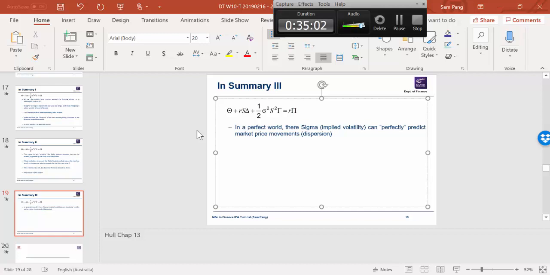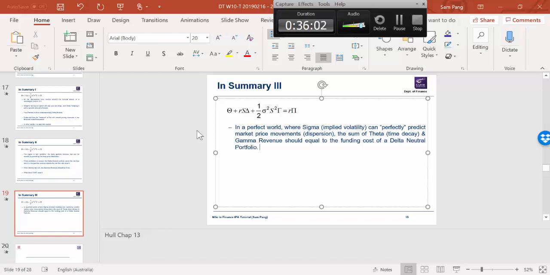In a perfect world where sigma can perfectly predict market price movements or market price dispersions, then the sum of theta, i.e. time decay, and gamma revenue should equal the funding cost, or the one period portfolio return, the funding cost of a delta neutral portfolio.